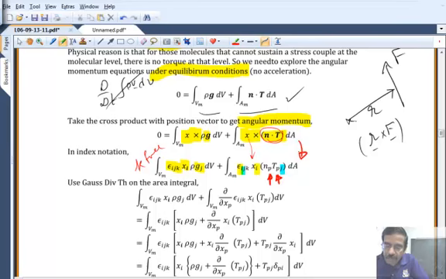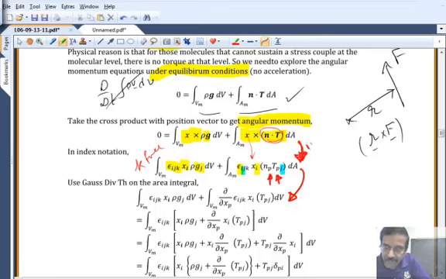I also used something else. So this one is x cross n dot t. In going from this step to this step, I've deliberately left a step there. I want to see whether you can catch that. How did I go from this step to this step?